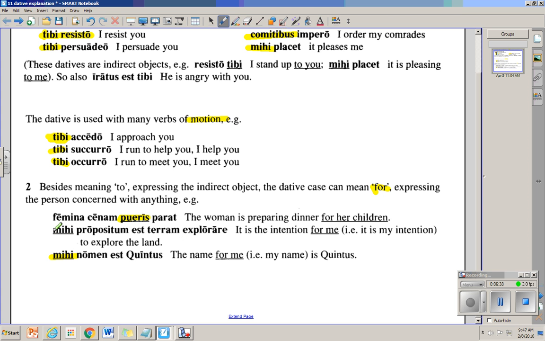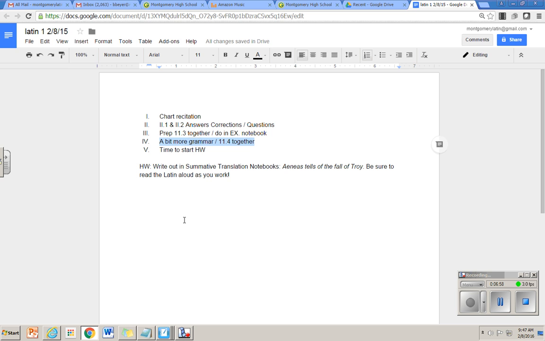It is an intention for me. So sometimes for, particularly that first one, is the most idiomatically English sentence. The woman prepares dinner for the children. So keep that one in your pocket. It's not always to, like Quintus is giving flowers to the children. Sometimes it's for. And I think that's it.